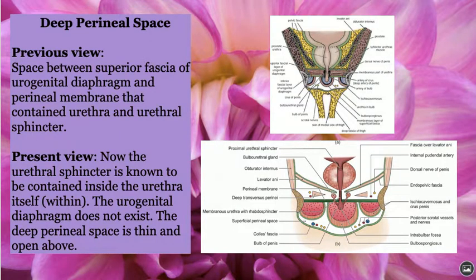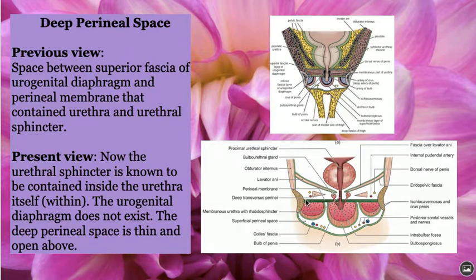So coming to the deep perineal space. The previous view held that there was one particular urogenital diaphragm, which had a superior fascia and an inferior fascia. The space between the superior fascia of the urogenital diaphragm and the perineal membrane contained the urethra and the urethral sphincter.